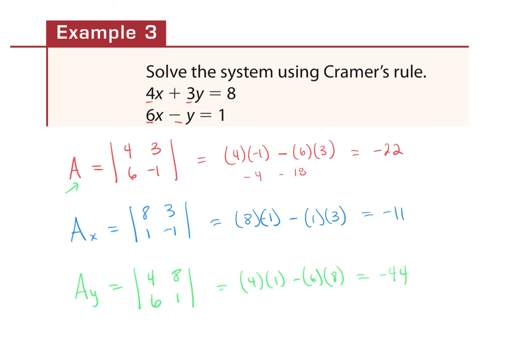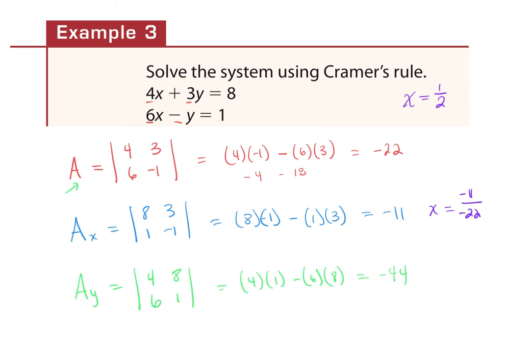Okay, so I have a coefficient determinant, I have an x determinant, and a y determinant. Okay? And Cramer's rule says that if I take my x determinant and divide it by my coefficients, I will get what x equals. So x is going to equal what happens when I take my x determinant, negative 11, divided by negative 22. So that means x is going to equal 1/2.